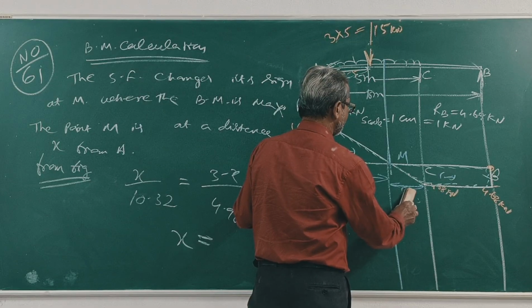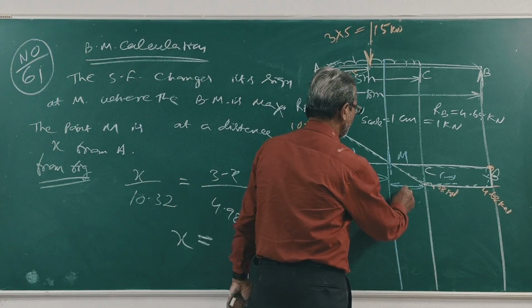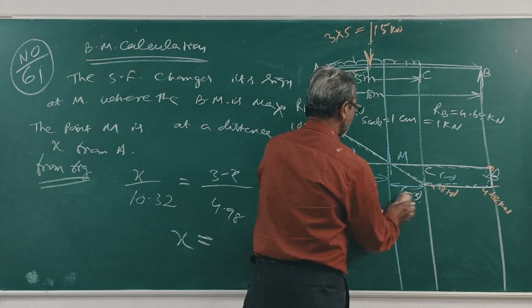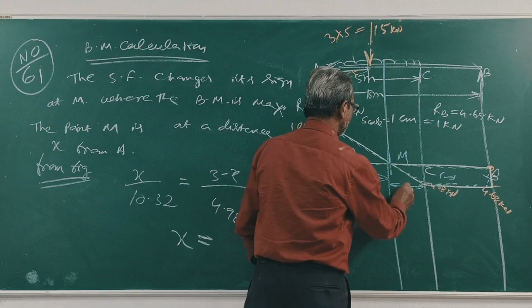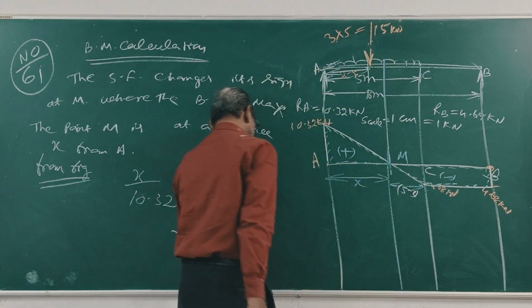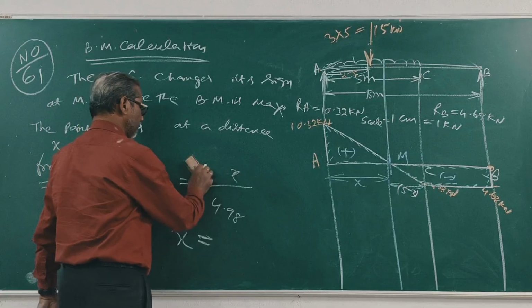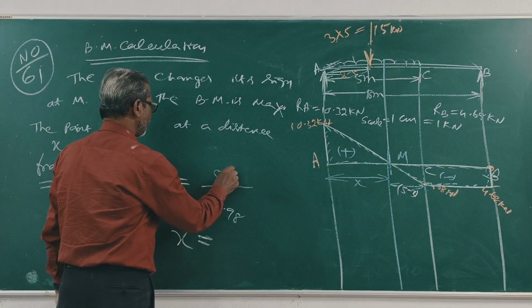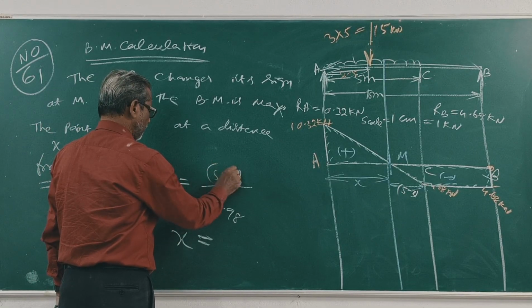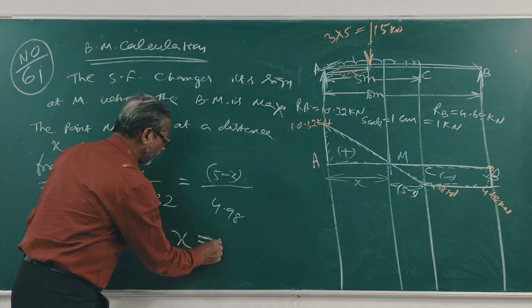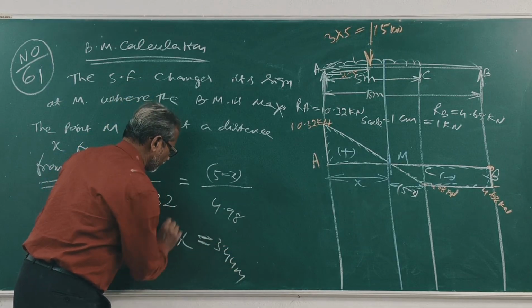This is 5 minus x. After solving, you will get x is equal to 3.44 meter.